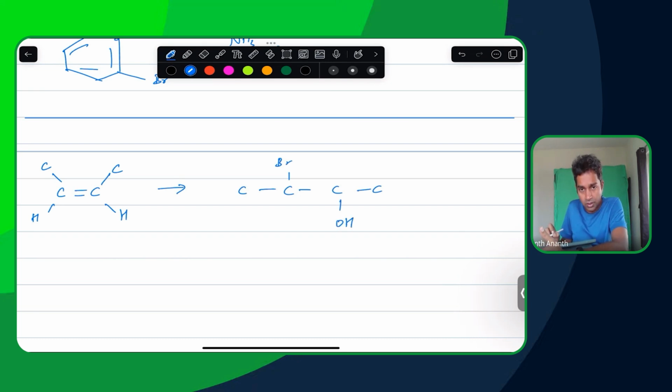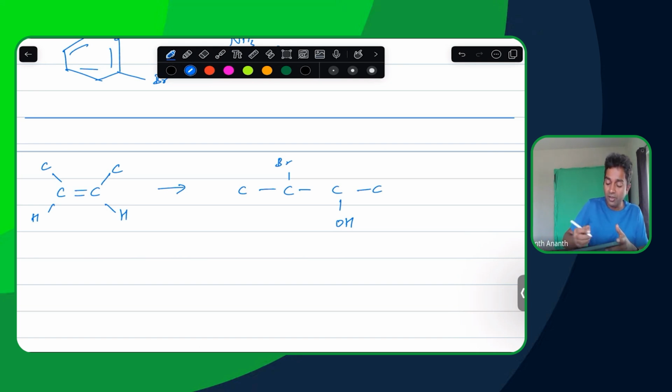I'm going to be having opposite attack here. So let's start off step by step. Let's not go for the answer directly. So I'm going to be having 2-butene in the cis form, and that is going to be targeted by bromine water.